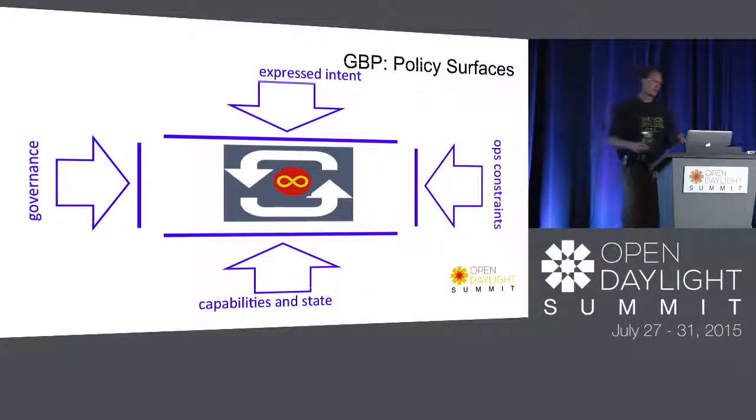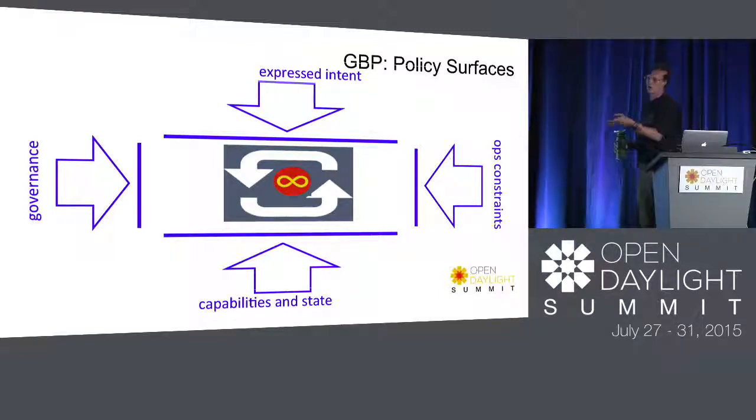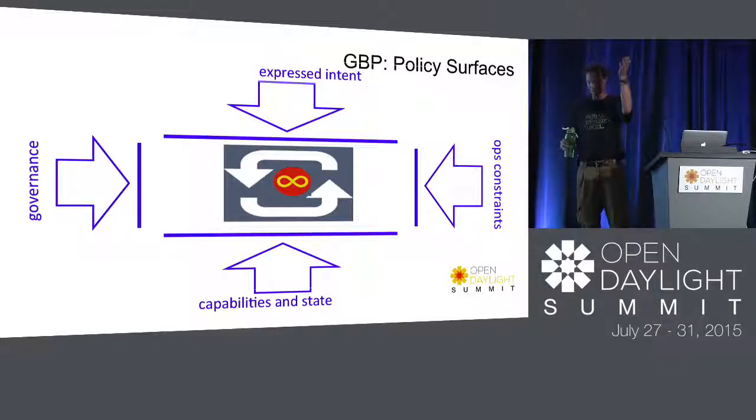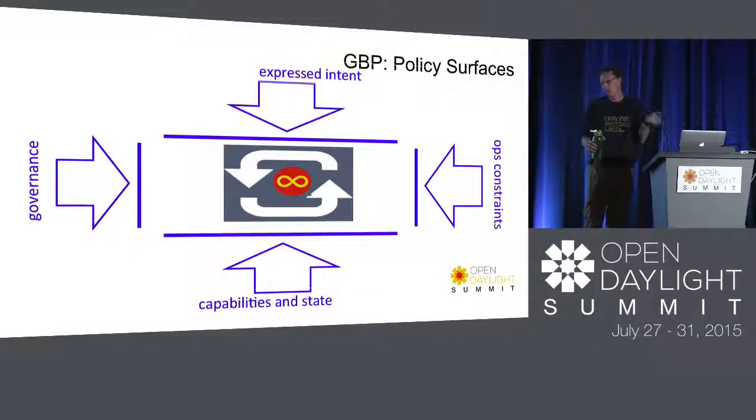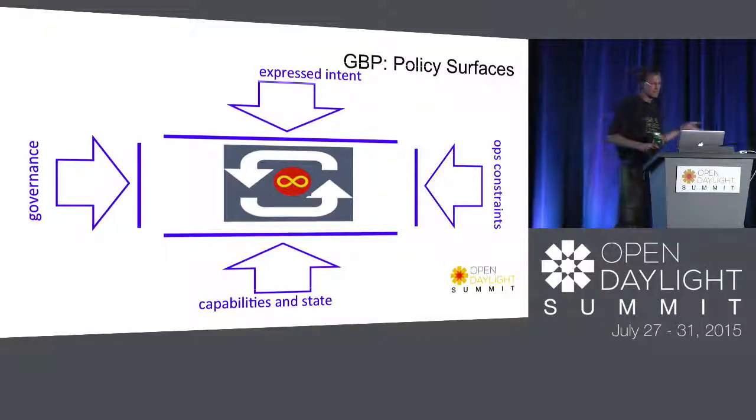And the next surface is the operational constraints, right? You want to be able to say, this is what you're allowed to do, so you don't have to bother the developer, for argument's sake, which is where we originally started with this, with those kinds of details, and you still have some control over the infrastructure. Then the next part is the capabilities and state, and how we implement that in OpenDaylight is with things called renderers.